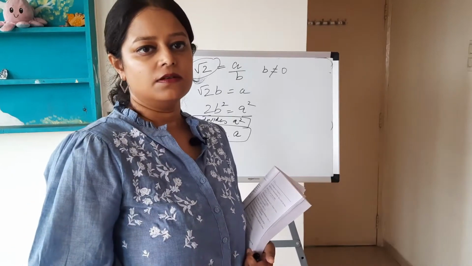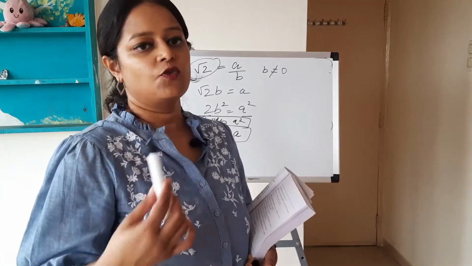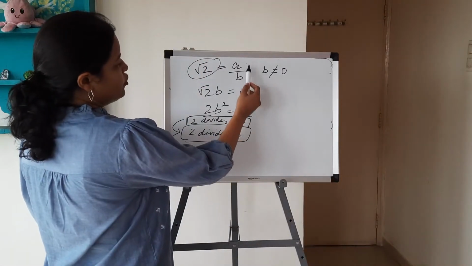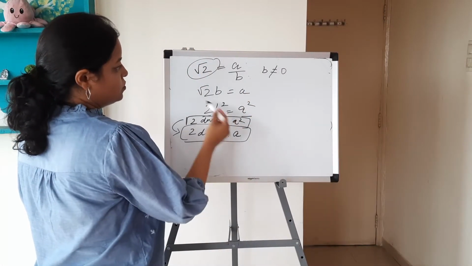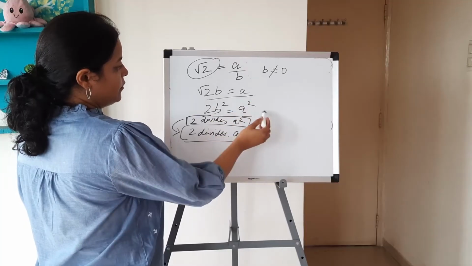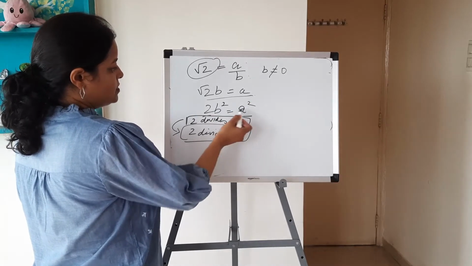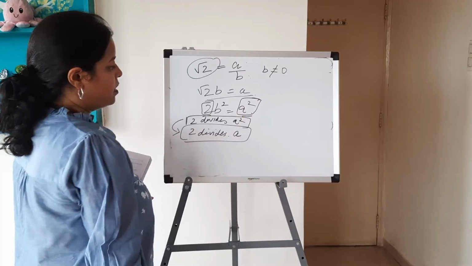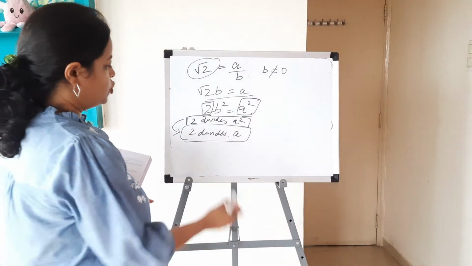We take the assumption that root 2 is actually rational, so it can be expressed as a division of a by b, where b is not equal to 0. We square on both sides. What does this mean? That 2 divides a square. So 2 divides a.